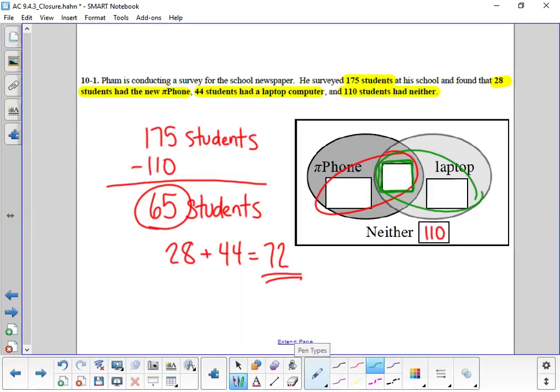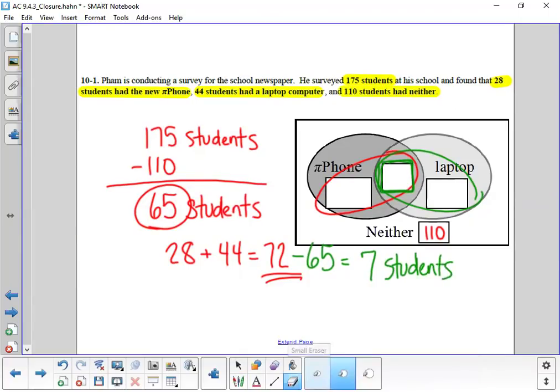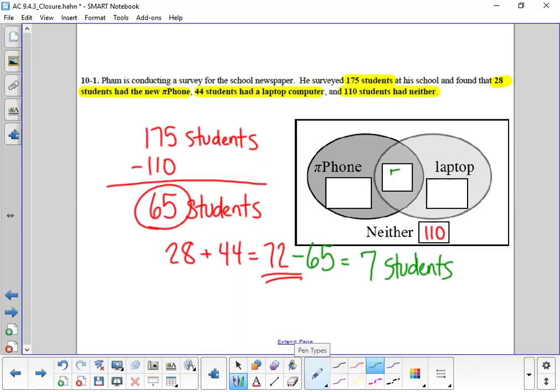Well, I know that I've got 72 if I add 28 and 44, but really there were only 65 students. So if I subtract 65 from 72, I get 7 students. So that is what my overlap is. So I am going to put those 7 students in the overlapping region. So 7 students have both a PiPhone and a laptop.